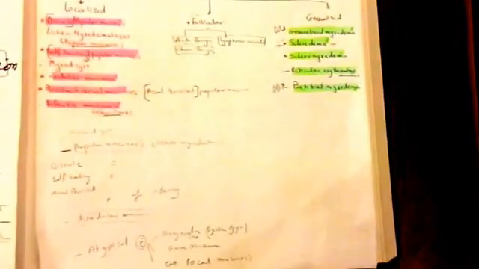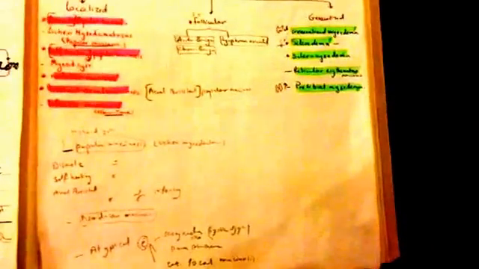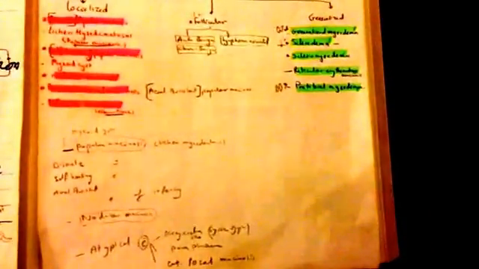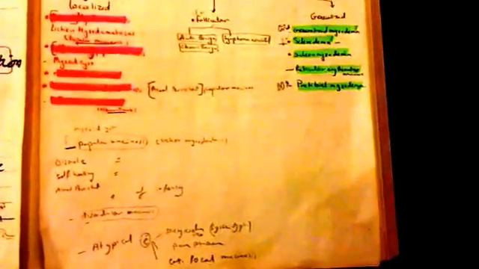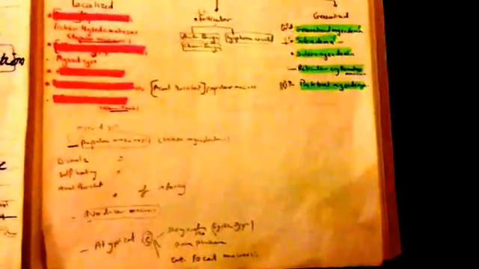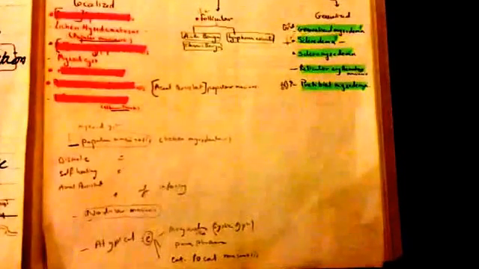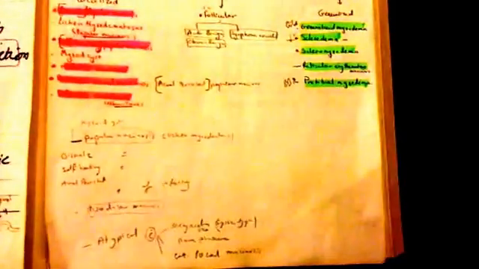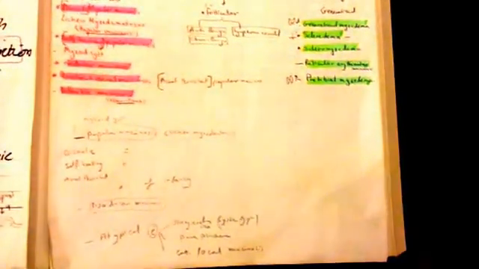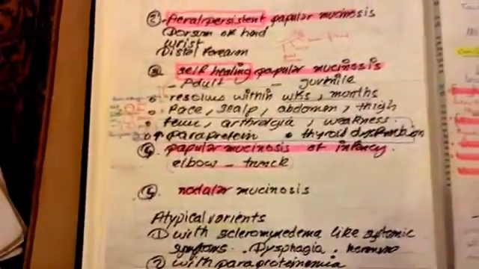So there is the papular mucinosis like in lichen myxedematosus, and the discrete papular mucinosis, the self-healing papular mucinosis, the acral persistent papular mucinosis, the papular mucinosis of infancy, and the nodular mucinosis, and atypical types like with scleroderma-like systemic symptoms, the paraproteinemia and cutaneous focal mucinosis. So these are the types of localized mucinosis. Now we will talk about them.